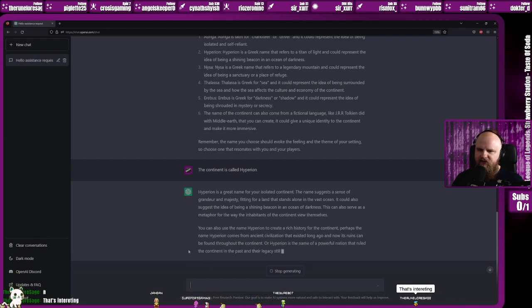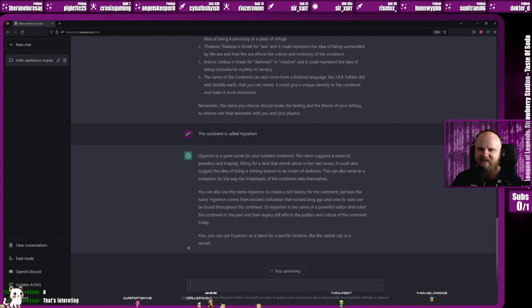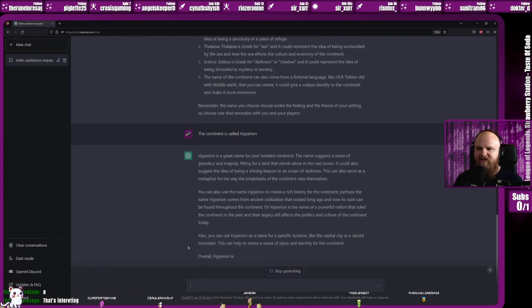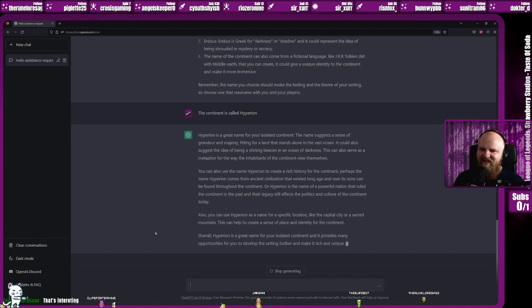It could also suggest the idea of being a shining beacon in an ocean of darkness. That's what she said. This can also serve as a metaphor for the way the inhabitants of the continent view themselves. I just told you the name of the continent. You don't need to go on for pages and pages. It does like to say a lot.